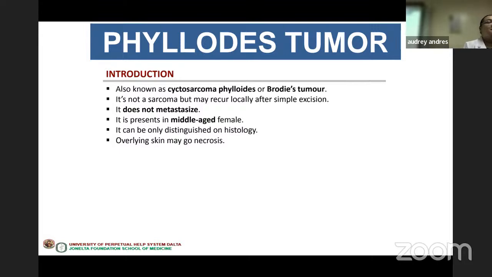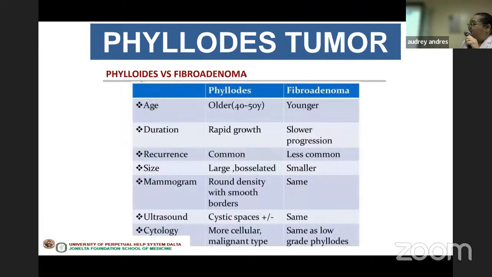It does not metastasize, presents in middle-aged females, and can only be distinguished on histology, with overlying skin changes. That's why it's easily confused with malignancy. Therefore, we have to know how to distinguish.